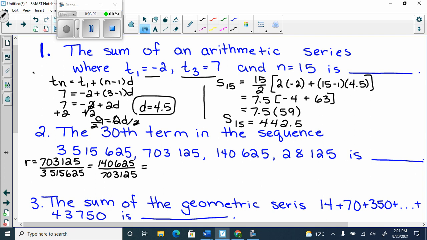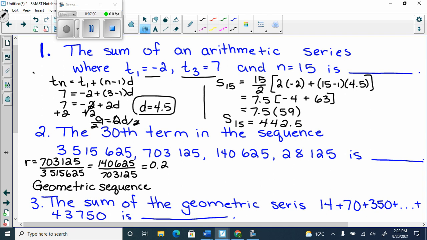So I do 703,125 divided by 3,515,625. And I get 0.2. Then I try the next one, 140,625 divided by 703,125, and I get 0.2. So I know that this is an r, so I know that this is a geometric sequence.